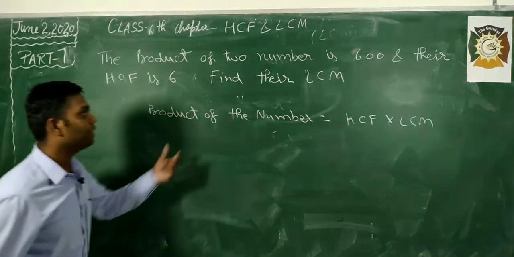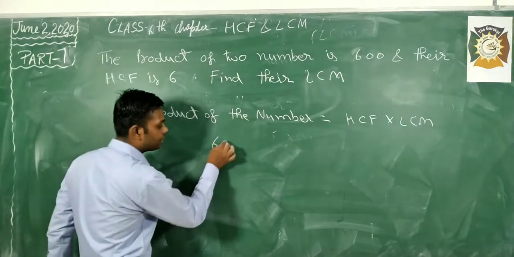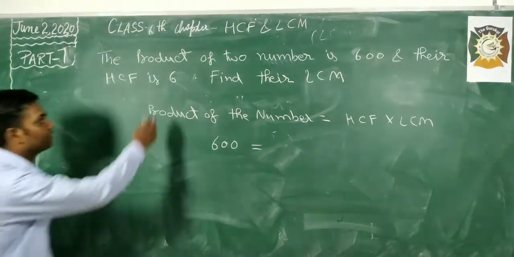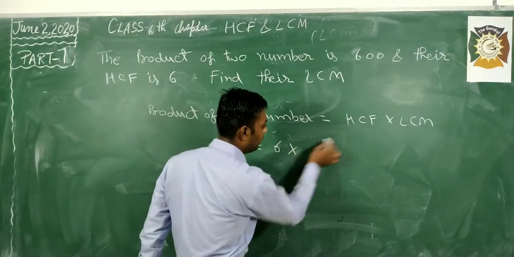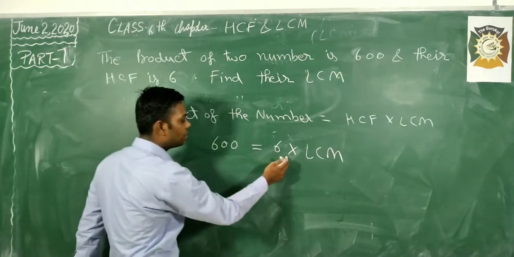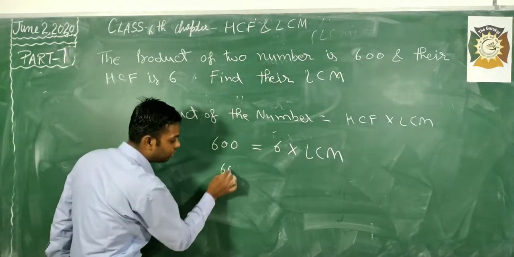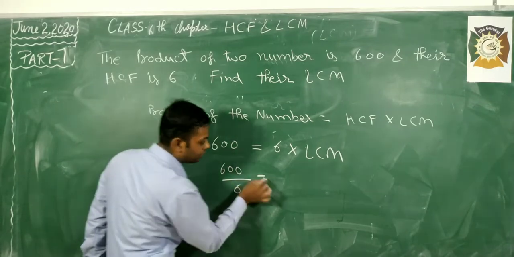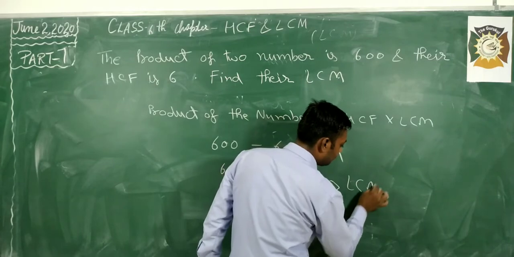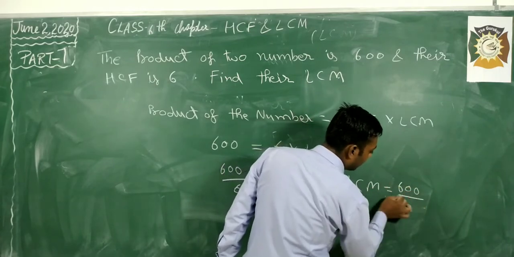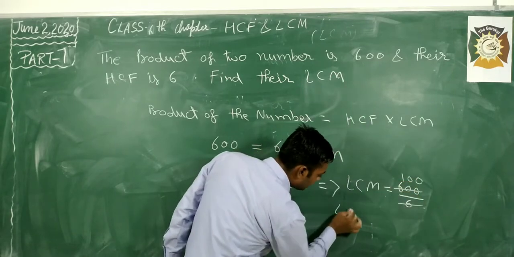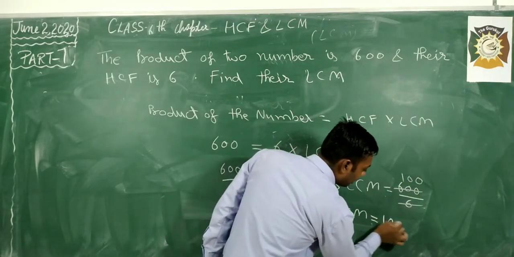The product is 600 and the HCF is 6. Write LCM as it is, then 6 is in multiplication, so on the other side it converts into division. LCM is equal to 600 divided by 6, that is equal to 100. So LCM is 100.